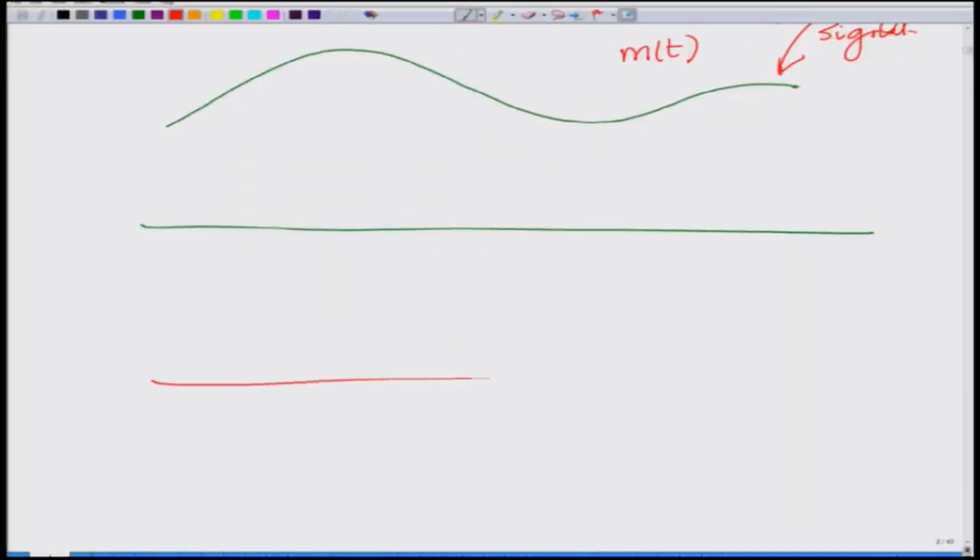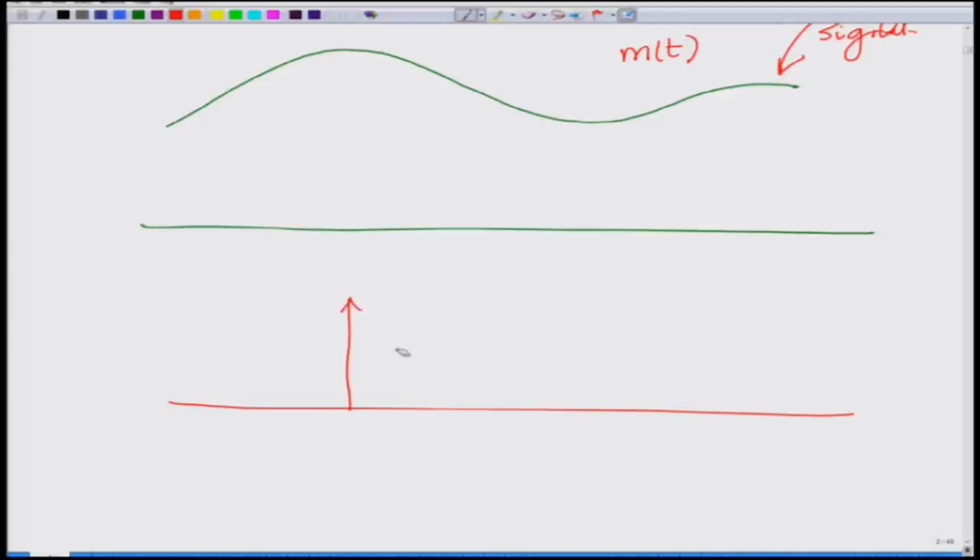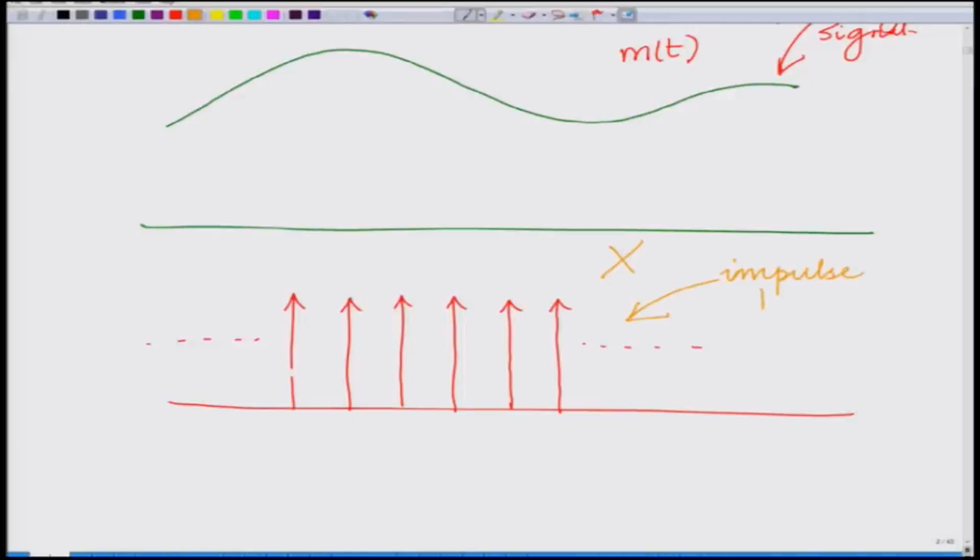This is a train of impulses, with an impulse at 0, Ts, 2Ts and so on, minus Ts.